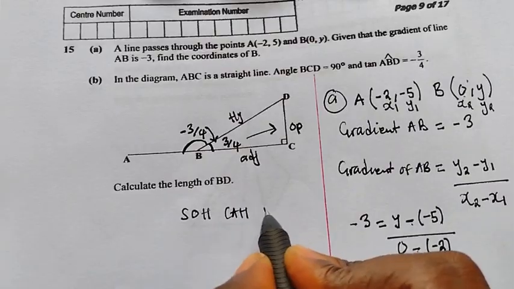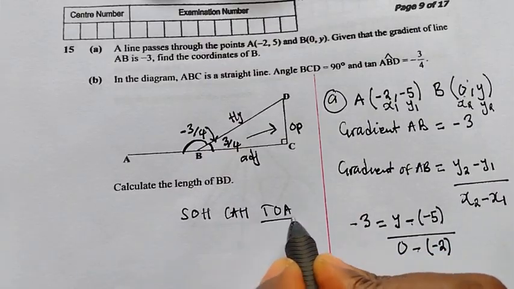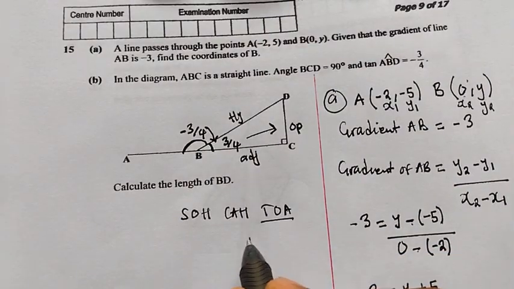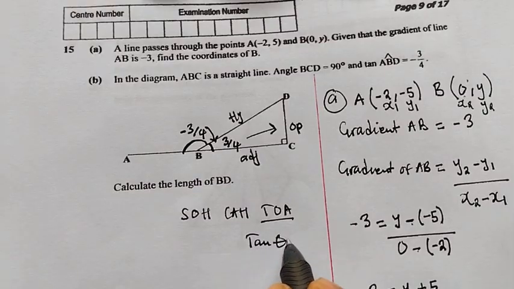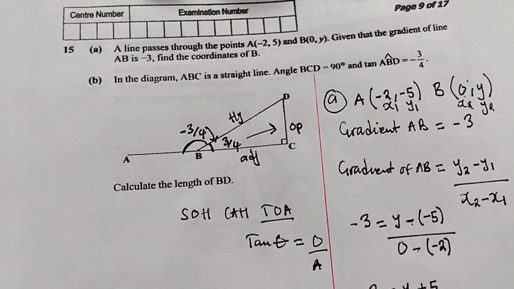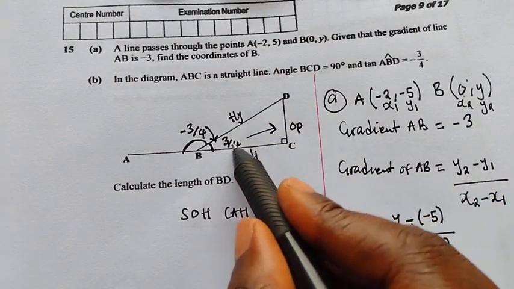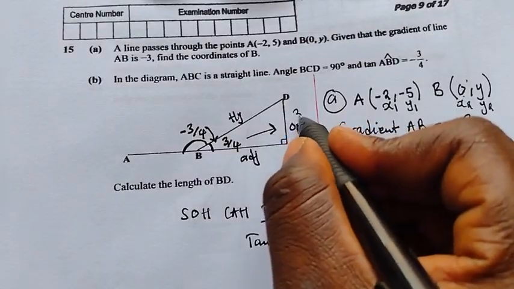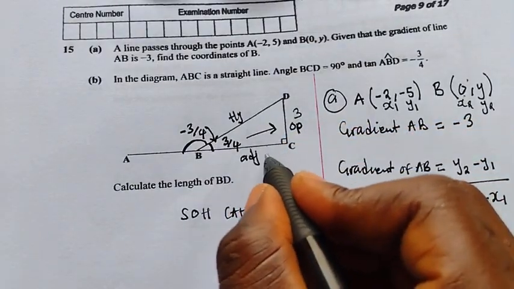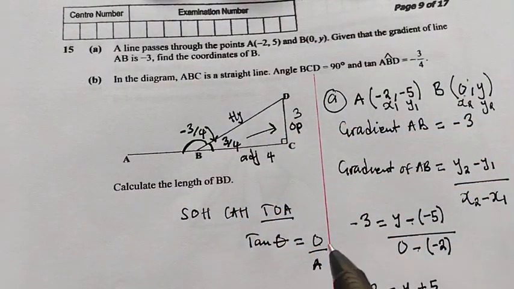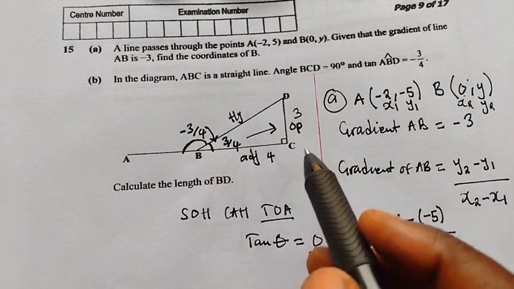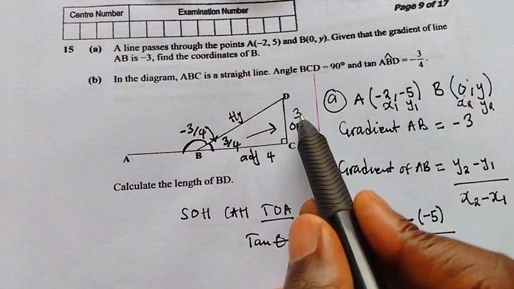This is the trig ratio that we are using. So tan theta is equal to opposite over adjacent. So we have the angle 3 over 4. The 3 will be on the opposite here. The 4 will be on the adjacent right here. So opposite over adjacent. That is how I've identified this number and this number.